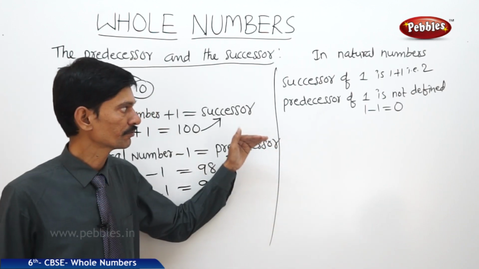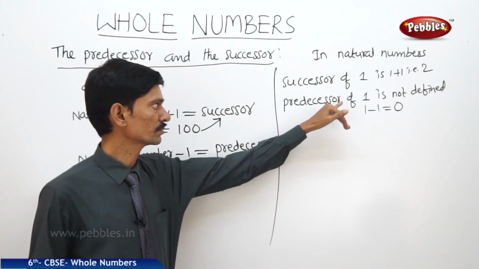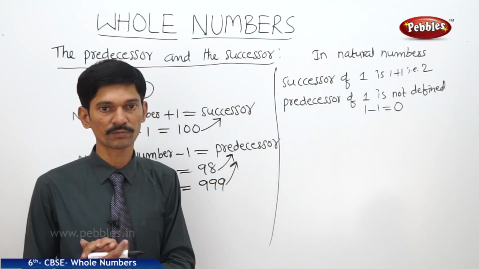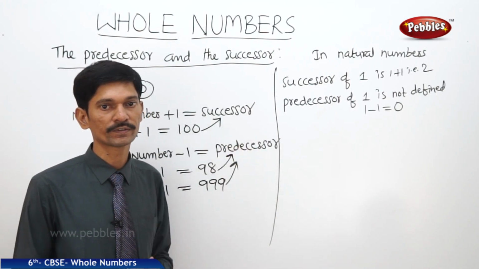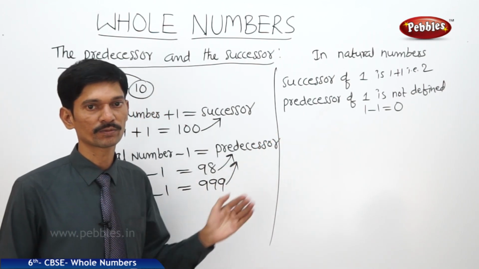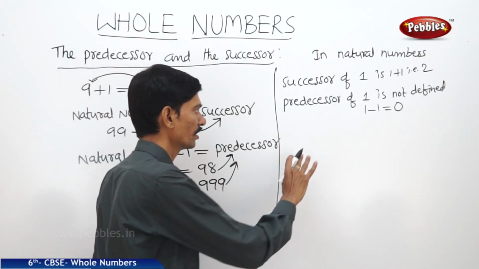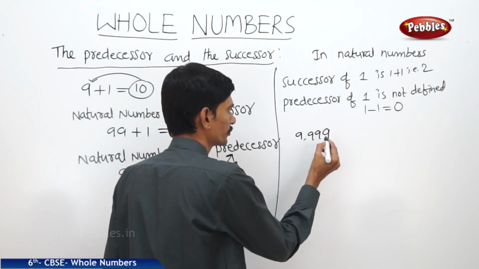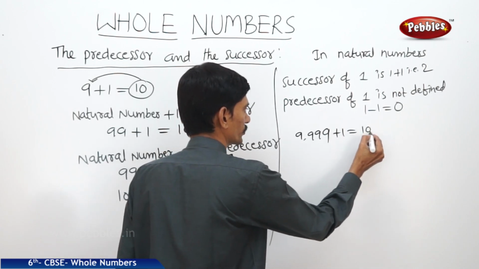Now what is the number which has no predecessor in the system of natural numbers? So that is 1. Then is there any number in the natural numbers which has no successor? If you observe, every natural number has a successor. If you take any larger natural number, even 9999, it has a successor, that is plus 1 equals 10,000.